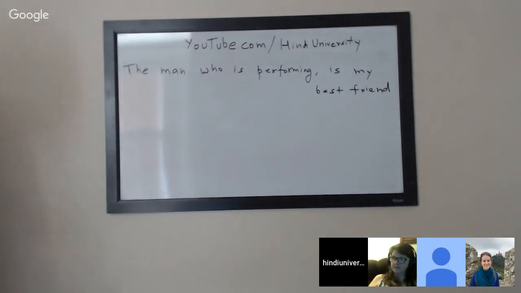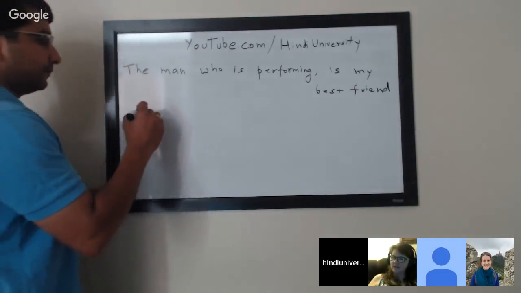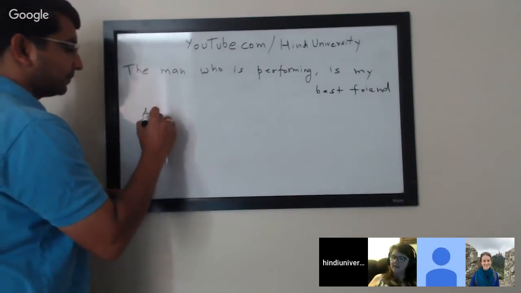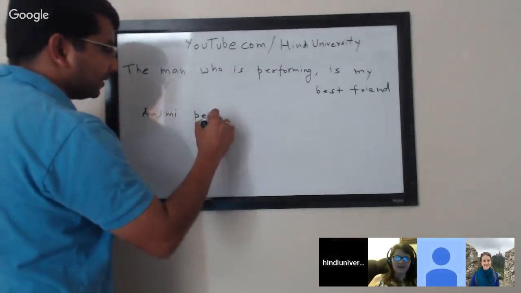Liz, you want to give it a try? Do you want to break it down into two sentences first? Of course. So the first sentence is: the man is performing. So आदमी perform कर रहा है.